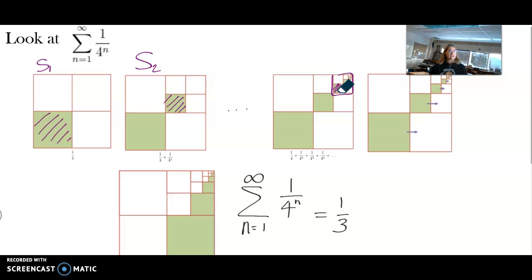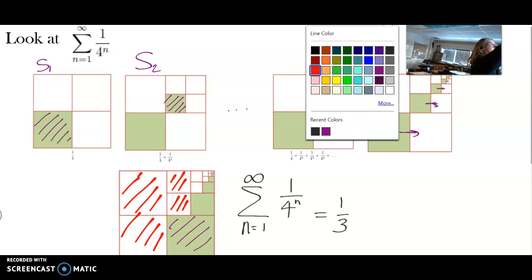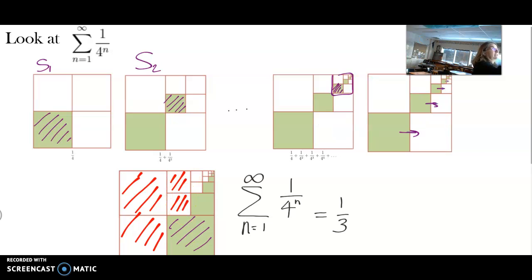What ends up happening is if you translate all of these over, you can see that this is 1/3. We have 3 boxes that are the same, one of them is filled in. Same thing here, we have 2 boxes not filled in and 1 box filled in, all the same size boxes.